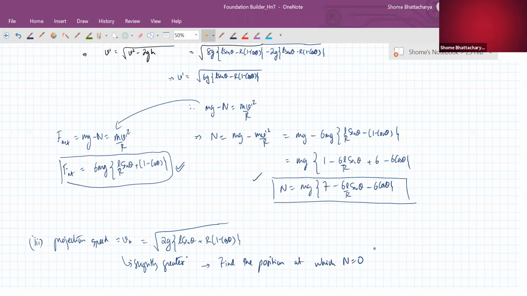So again, this is that type of question where we have to assume some position in between, and then find out the condition for normal reaction to become zero, and then again find out the work energy relation.